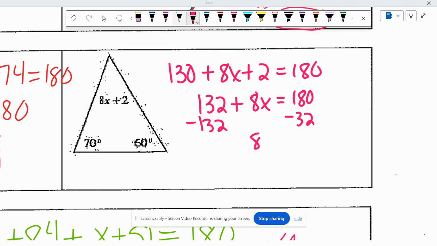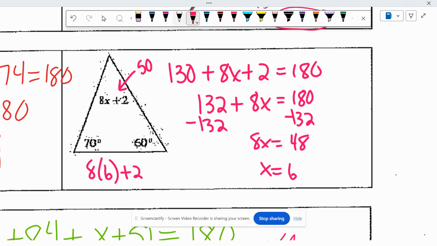So 8x equals 48, which means x equals 6. So this measure is 8 times 6 plus 2, which is 50. Are you guys okay with that? Everyone's good with that?